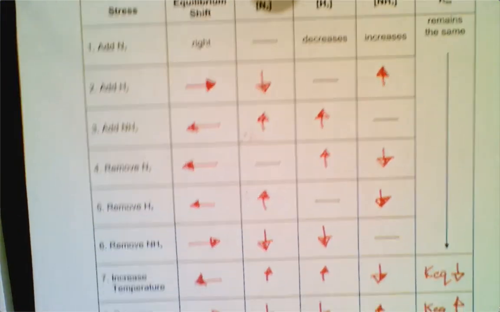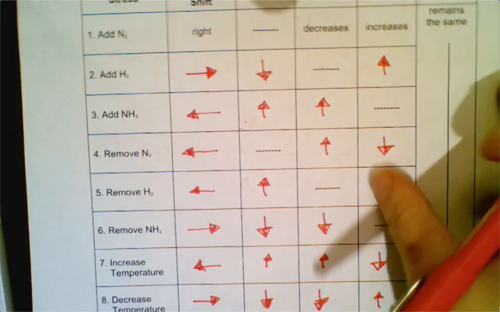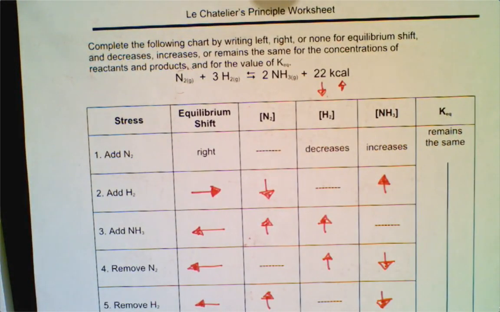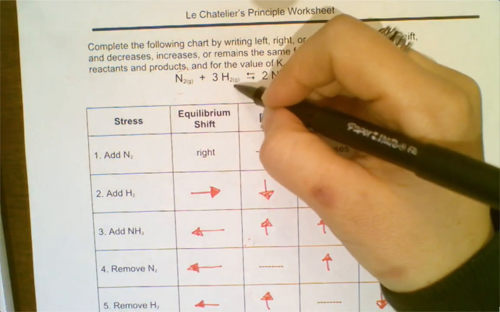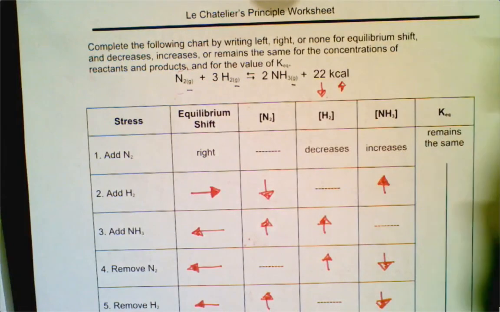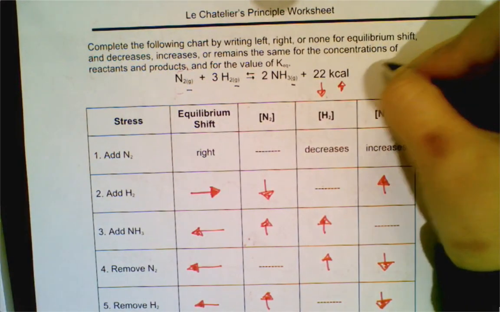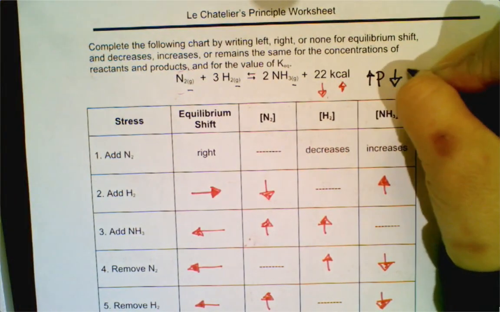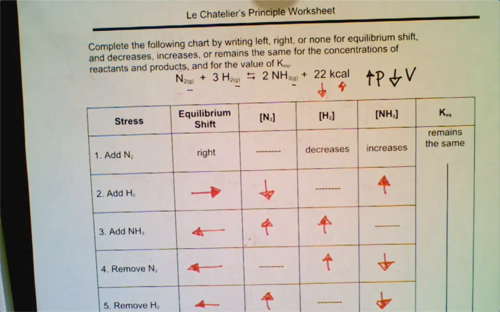The next scenario that we want to talk about is the effect of pressure on this system. When we have an increase in pressure, we have to remember Boyle's law from last year's gas laws. These are all gases, and when we have an increase in pressure, we have a decrease in volume. They are inversely proportional.